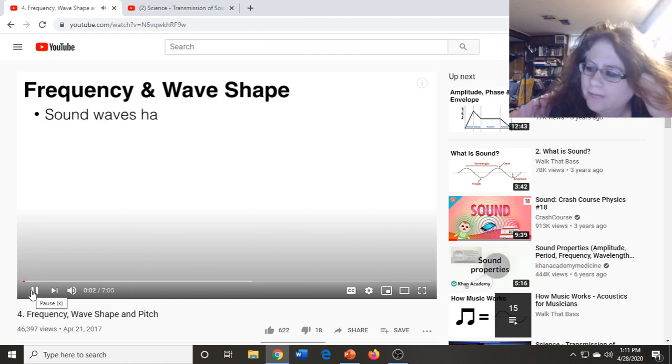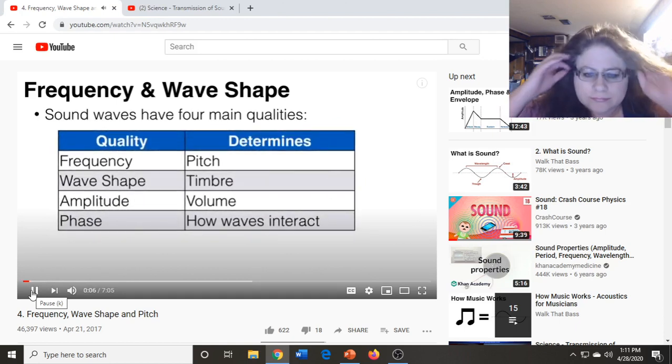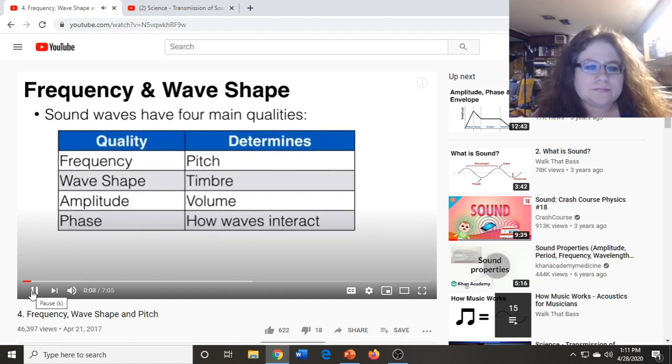Sound waves generally have four main qualities: a frequency, which determines the pitch of the note, a wave shape, which determines the timbre, an amplitude, which determines the volume, and a phase, which determines how sound waves interact. We will spend the next couple of videos discussing these qualities.